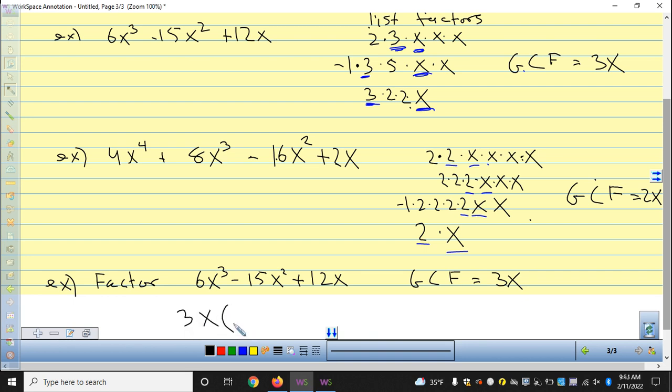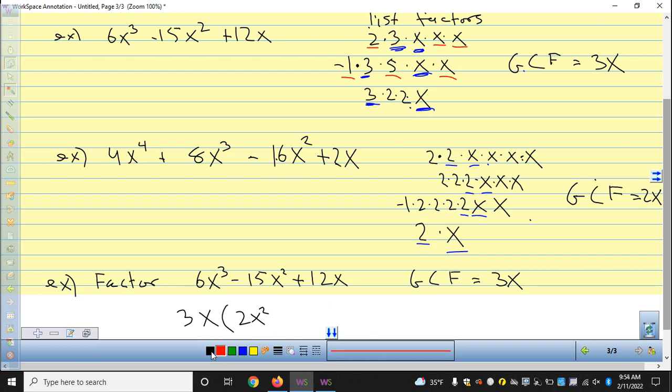And then inside the parentheses, we're going to go back here and say, all right, what's left if we don't include the 3x here? Well, what's left here is 2 times x times x. Well, what's 2 times x times x? How else can we write that? 2x squared. And here I have a negative 1 times 5 times x left for the second part.